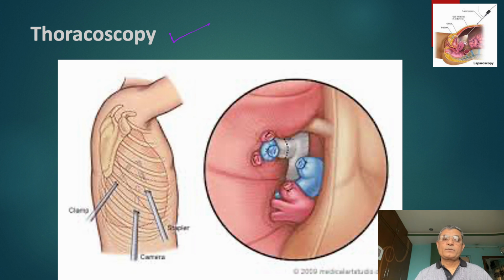Then decortication of the lung, that is removal of the fibrous tissue that forms over the surface of the lung due to conditions such as emphysema or fibrothorax. Then thoracoscopy is also practiced for thymectomy, mediastinal tumor resections, sympathectomies.